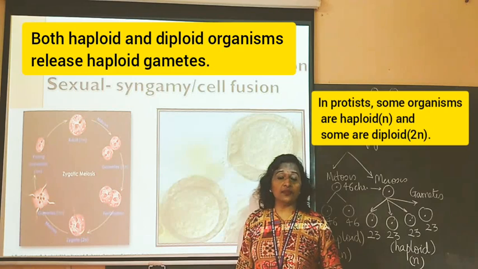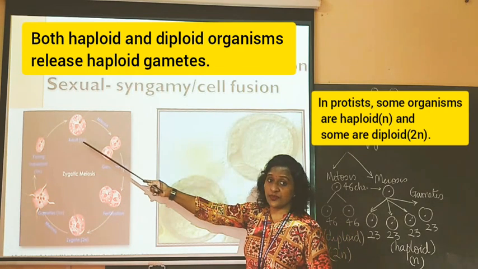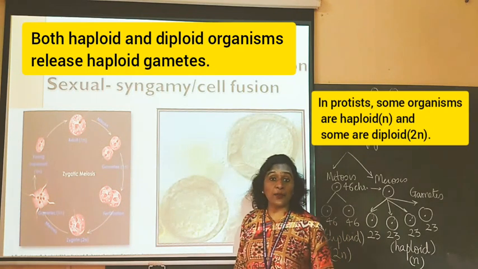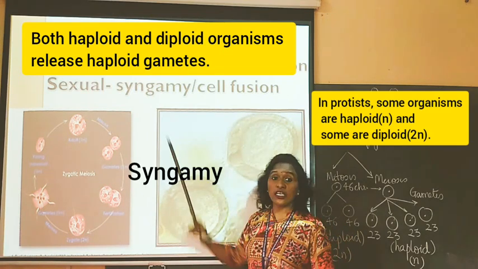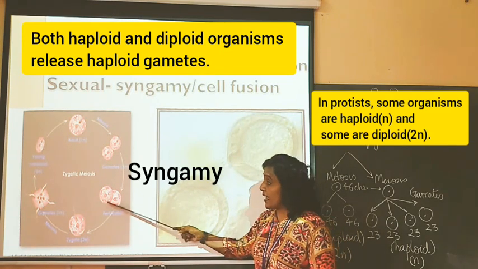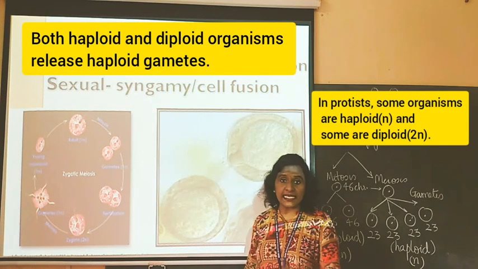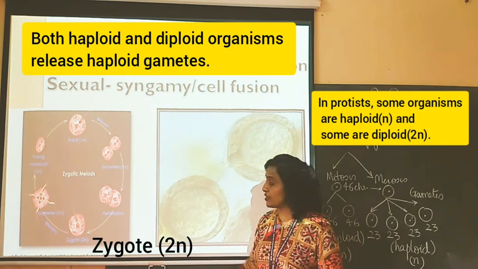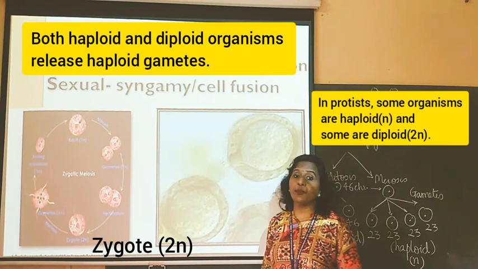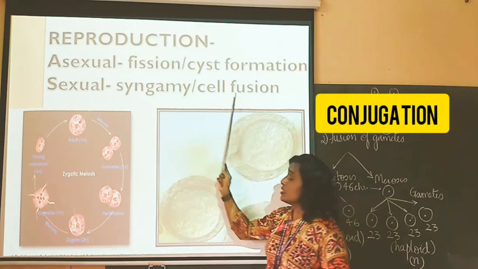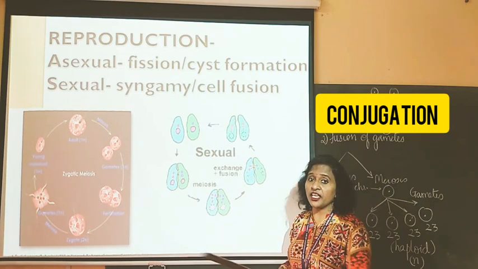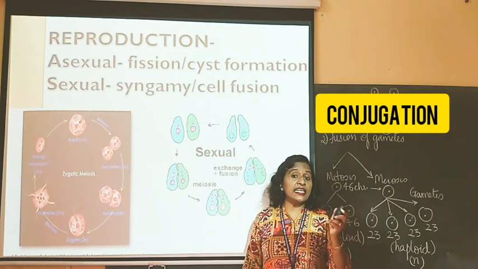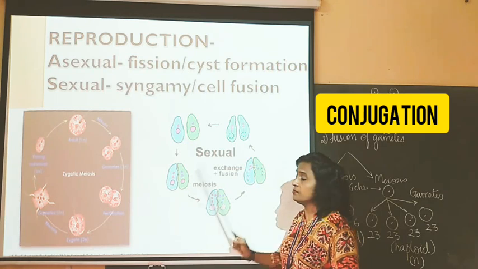In kingdom Protista, the organisms release haploid gametes. Union of these gametes is called syngamy, and it forms one cell called a zygote, and this cell is diploid in nature. Next is self-fusion, wherein conjugation, like we had seen in prokaryotic organisms, takes place here too.